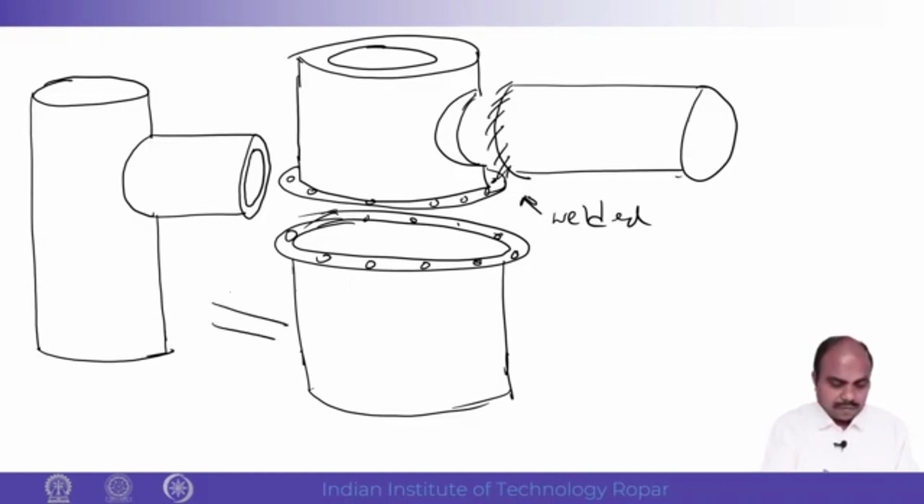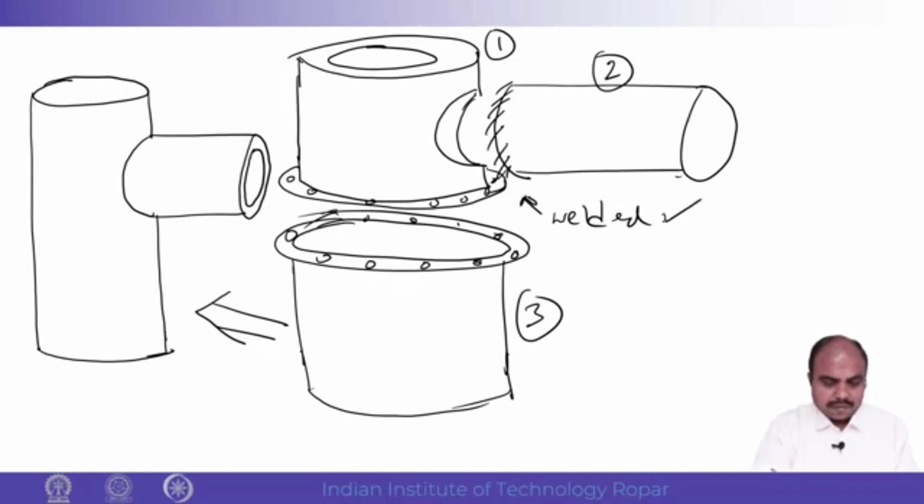So you can see from here to here we have component 1, component 2, component 3 plus welded, and then we also have nuts and bolts, and all these things. In this one we have a single component.